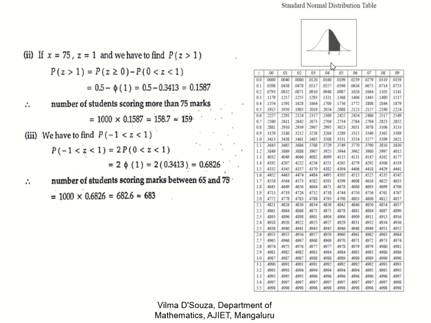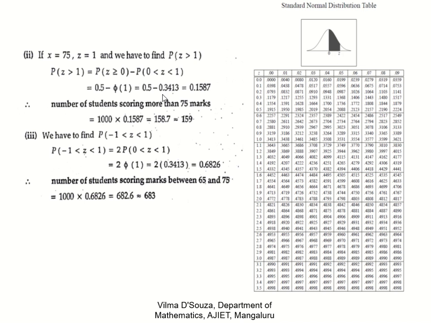As you already know, the curve is symmetrical. The area from minus 1 to 0 is the same as the area from 0 to 1. So you can write it as 2 times the area under the curve 0 to 1, or 2 times phi of 1.